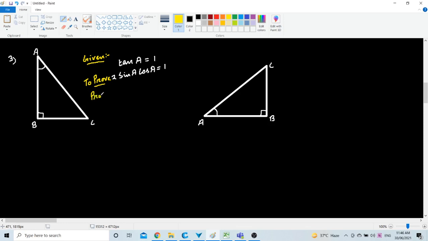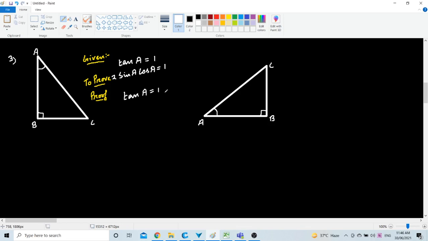So if we prove it, tan A equals 1. Right.